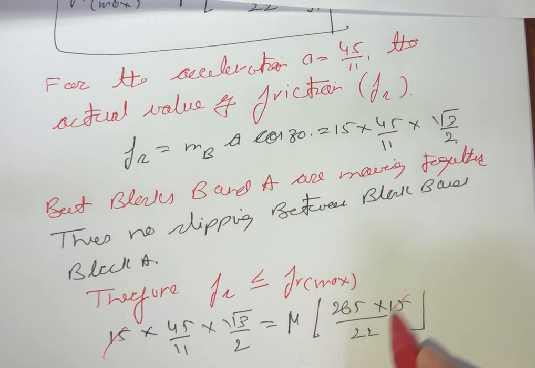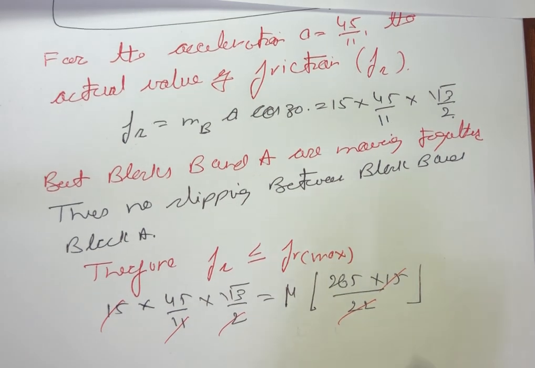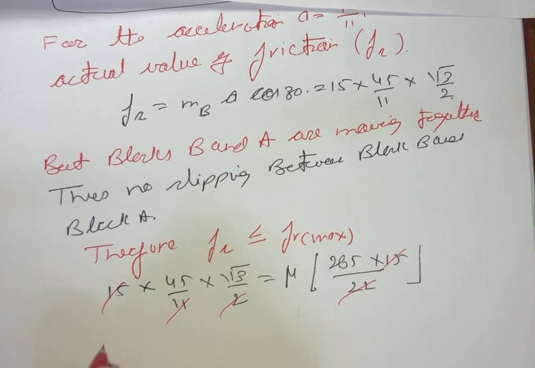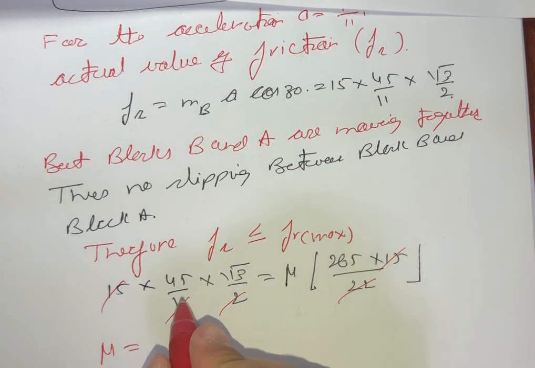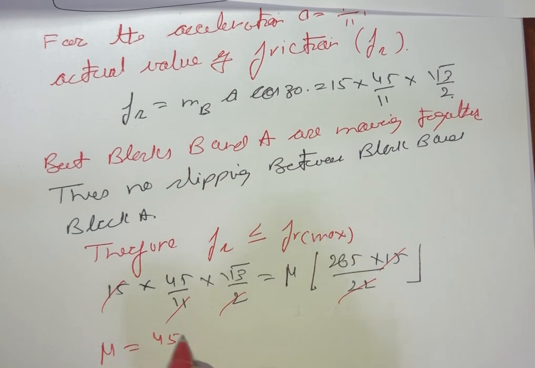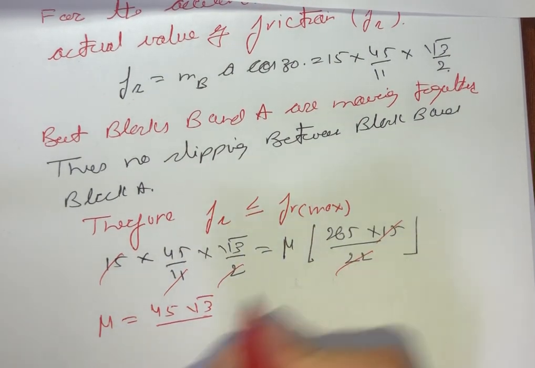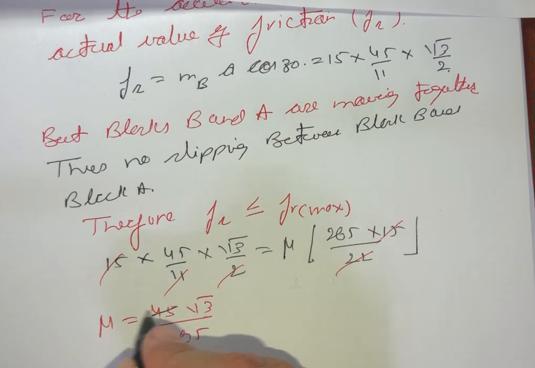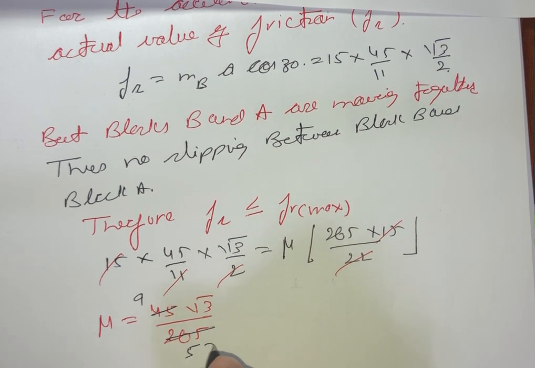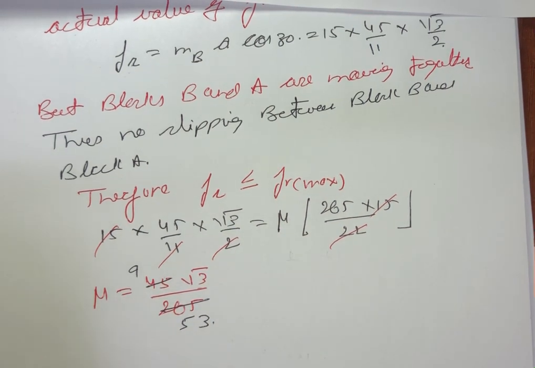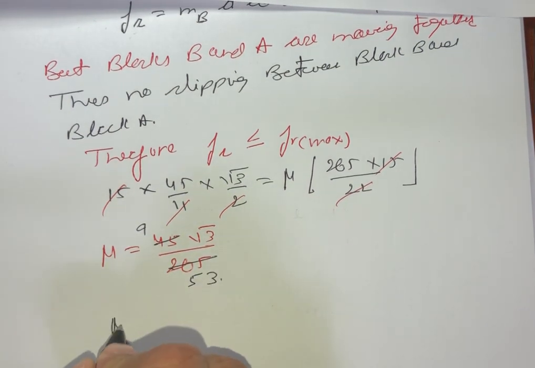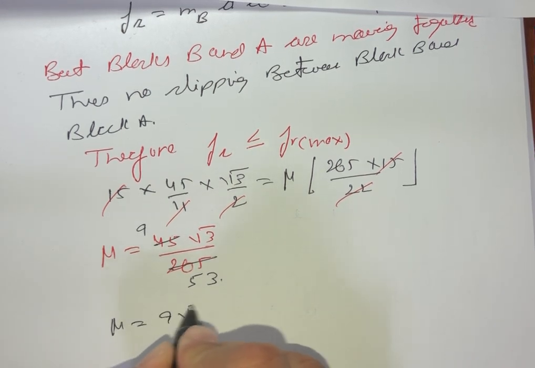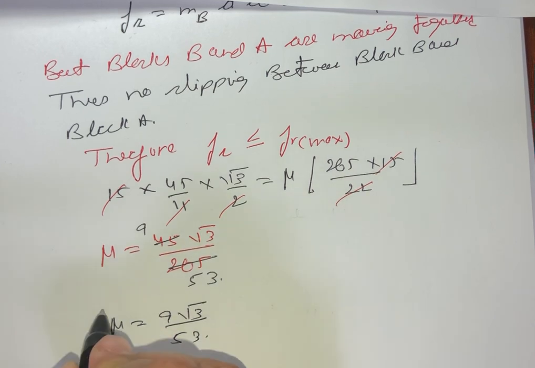So 15, 15, 11, 2 go away and we are left with mu is equal to 45 root 3 divided by 265, and we can cancel it through 5. This will be 9 and this will be 53. So mu is equal to 9 square root 3 divided by 53.